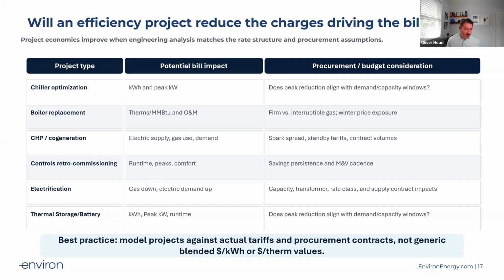The other thing to consider here is how it's going to actually impact the overall bill, whether you're looking to achieve usage reductions in the form of kWh or demand reductions, kW. And if you are looking to influence those demand-based charges, how are you sequencing or prioritizing that equipment over time to capitalize on either the lower peaks or your CP days?